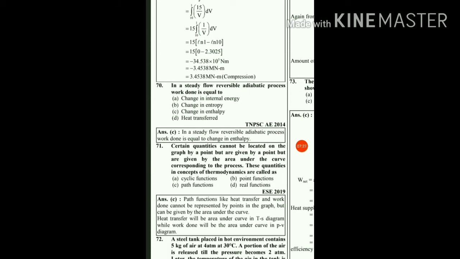The next question, that is the 17th question. In a steady flow reversible adiabatic process, work done is equal to what? The process is a steady flow reversible adiabatic process, where heat transfer is 0.